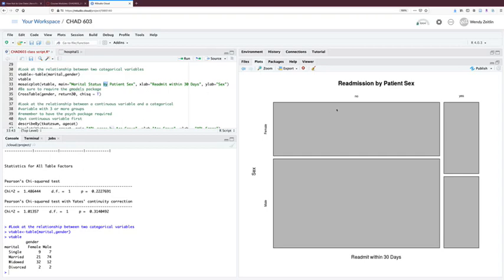So that's what the mosaic plot will show you. And then the X label will be marital status. And hopefully that will work out for us. Oops. I like to keep it capital.